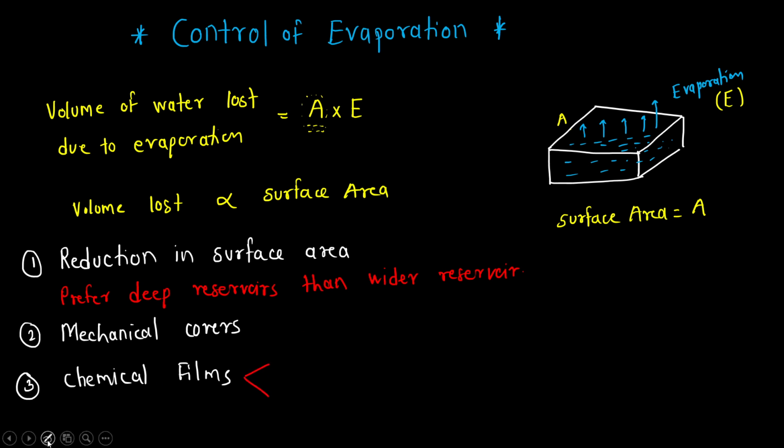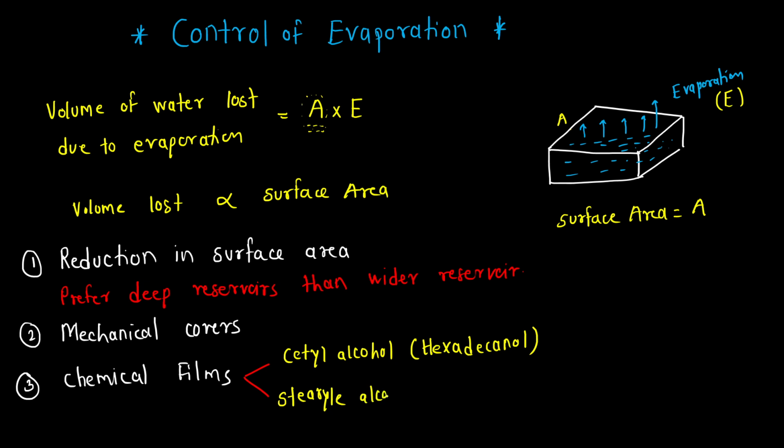The first one is called cetyl alcohol. Cetyl alcohol. It is also called hexadecanol. And the second one is called stearyl alcohol. And it is called octadecanol.